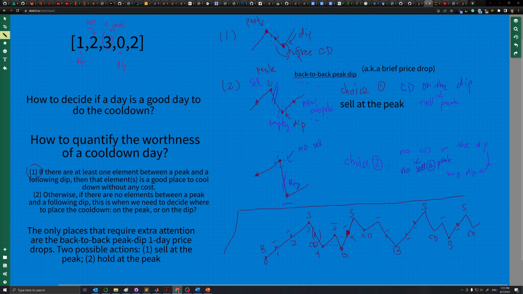So we basically cut everything before this as a sub problem that we can solve separately, right? Because this peak had no selling, so we can just ignore it, cut that day and its value off, because we're not doing anything at whatever the price is. So we can cut those into subproblems and just solve the previous subproblem.